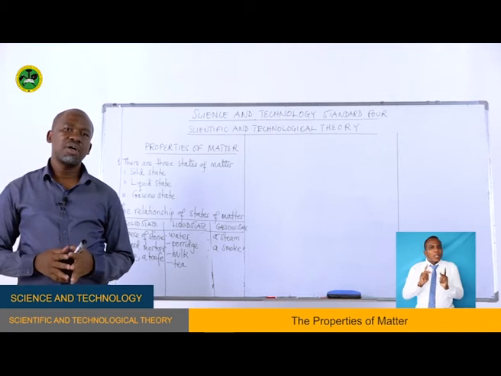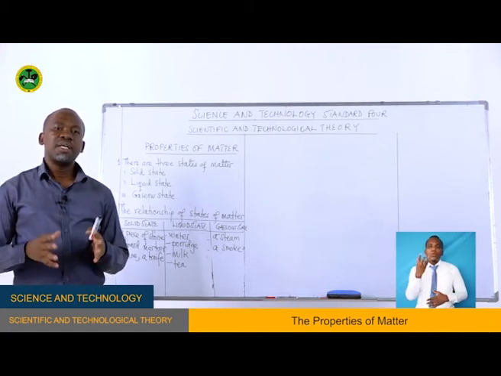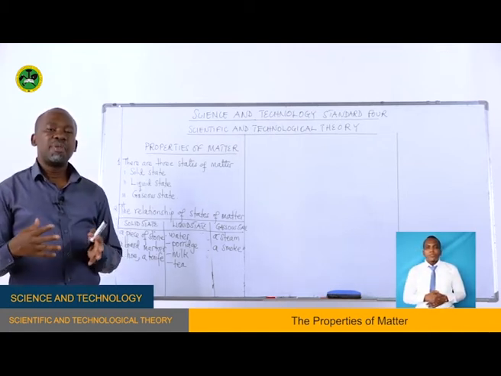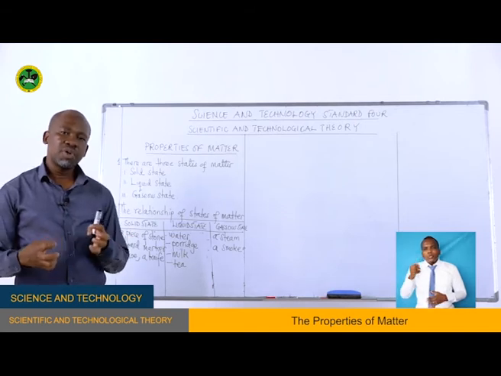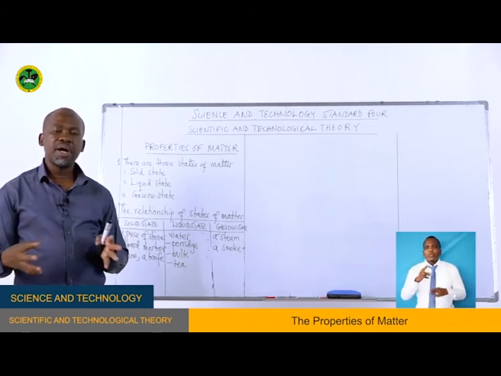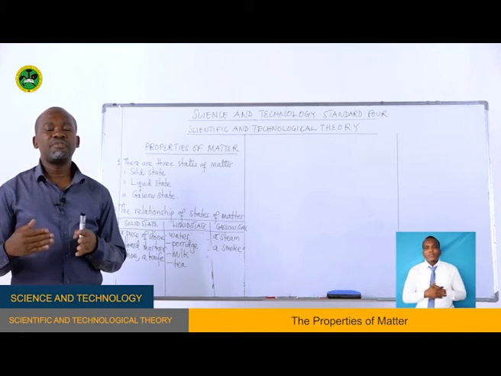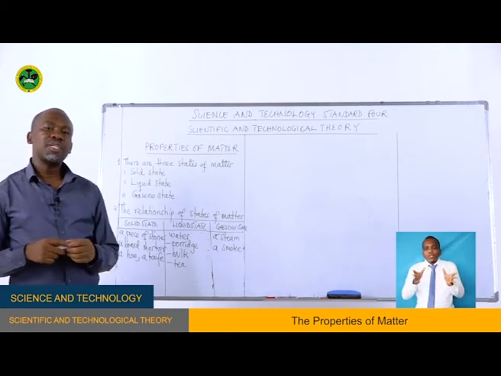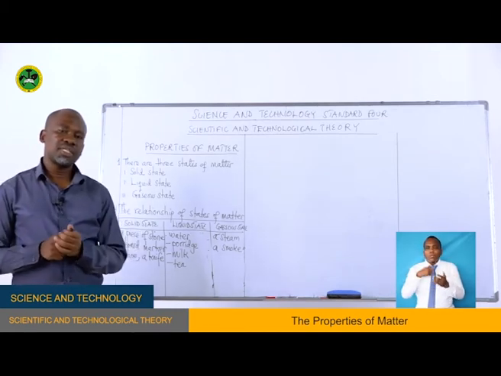Smoke: the particles that make up smoke are very loose, very far apart, and very free to move. All these are examples of gaseous state.